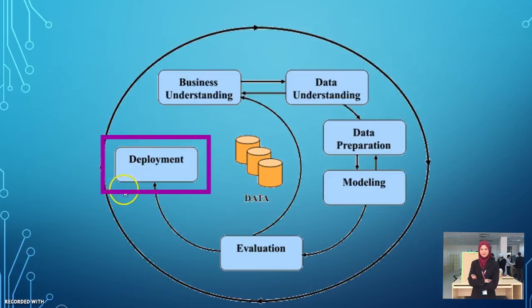And the last stage is the deployment, where we put the data into real use for business, where we can explain to our user the result and the review from the data that we get at the end of the data mining process. So that's all from me. Thank you.